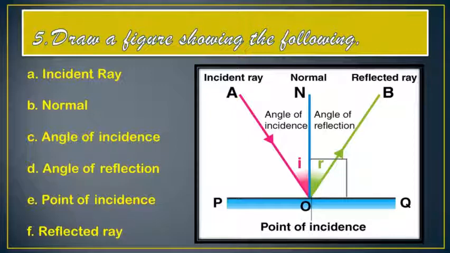And point O is the point of incidence, that means where the incident ray, normal and reflected ray all meet. Or where the incident ray meets the plane surface, this is the point of incidence. So this is a figure according to the question.